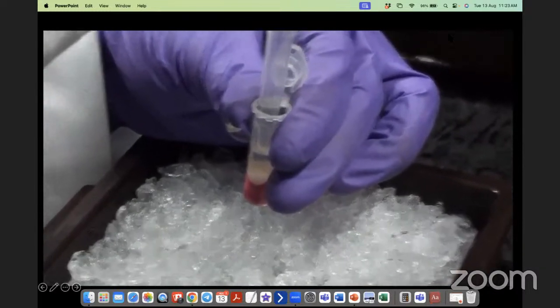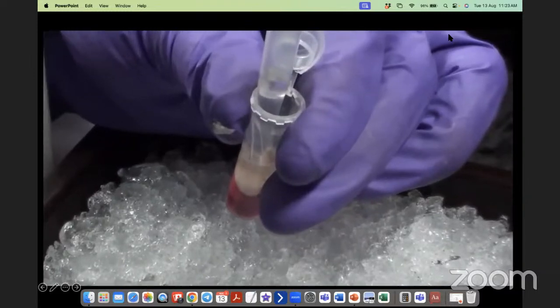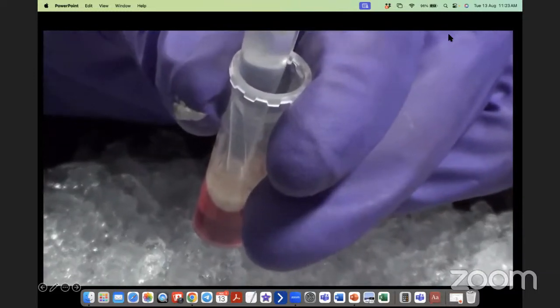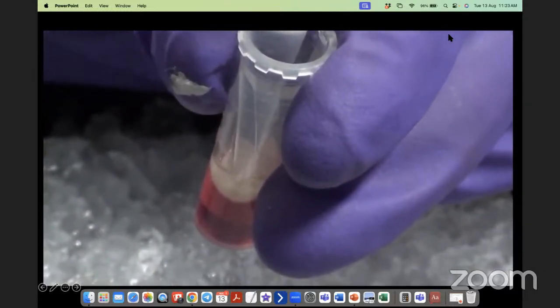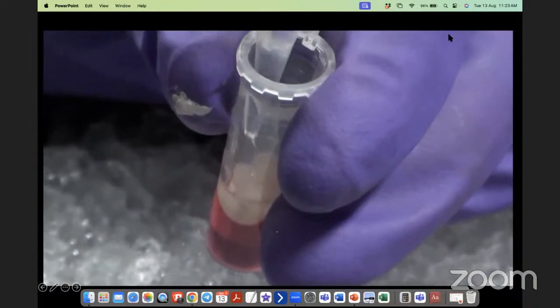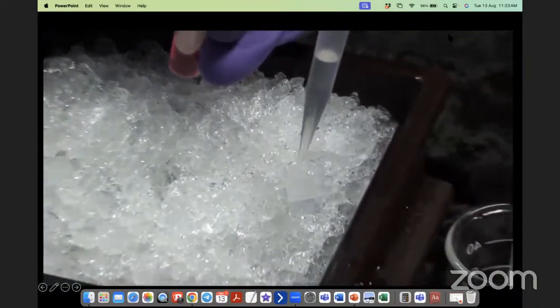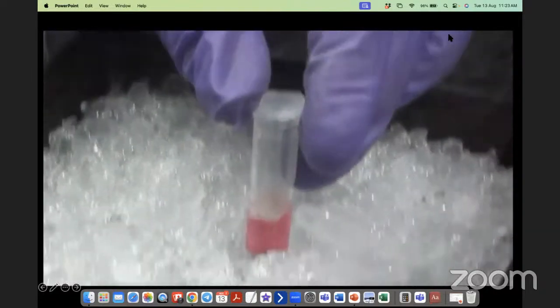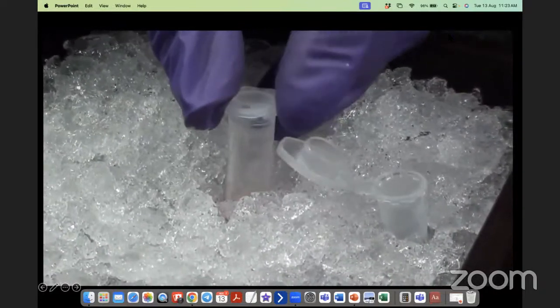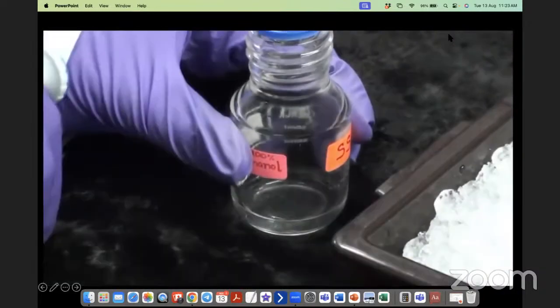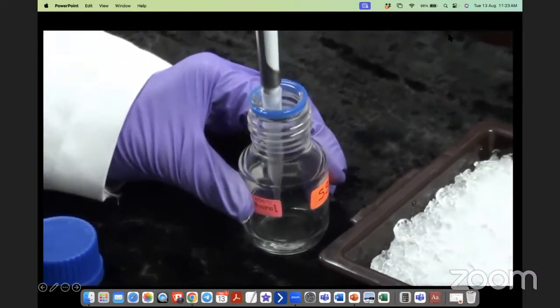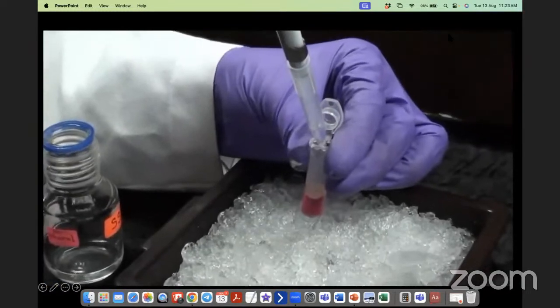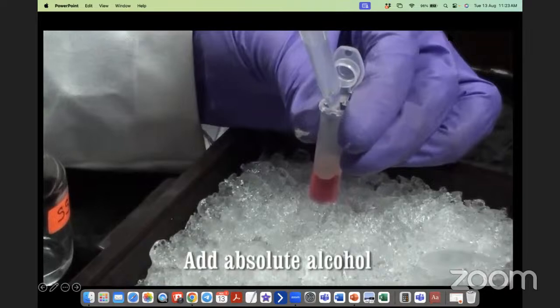Discard the transparent top layer having the RNA. Then, add absolute alcohol to the remaining layers and mix the solution well.